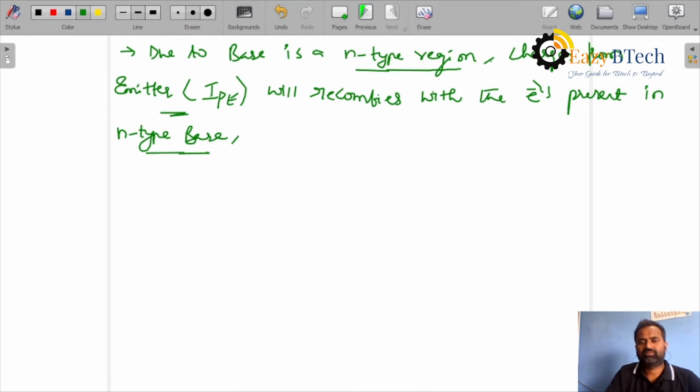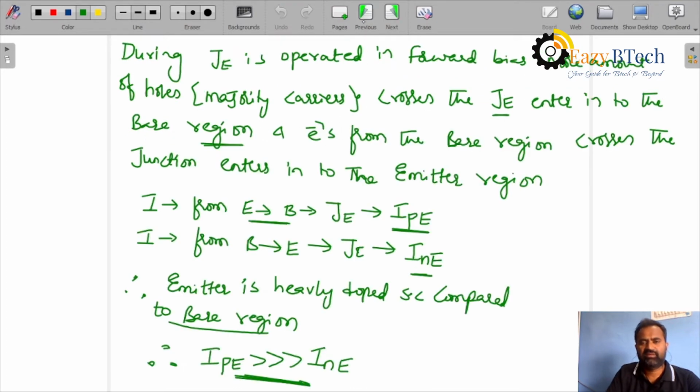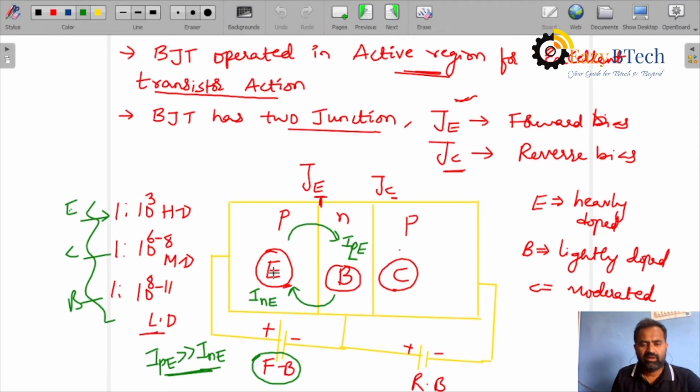Okay. Now see here. Due to electrons being the majority charge carriers in the base, electrons will recombine with this current. Now suppose 100 holes are flowing from emitter to base. Now only 5% can recombine with these electrons present in the base.